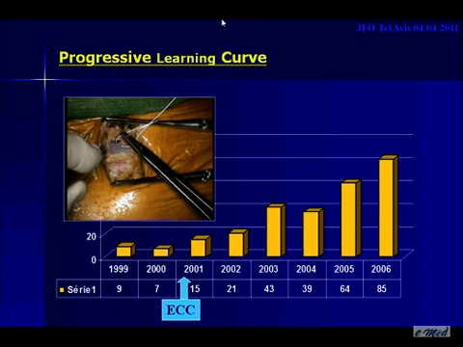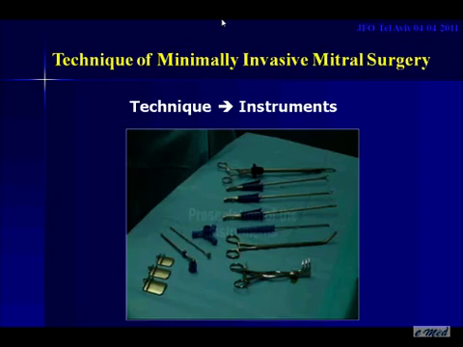We can do it with a small incision. You see the artery and the vein here, where we can introduce our cannulae. We also have to use new instrumentation in order to be more efficient, and we have designed new instruments which are very efficient, particularly this retractor, which allows a good approach of the mitral valve.